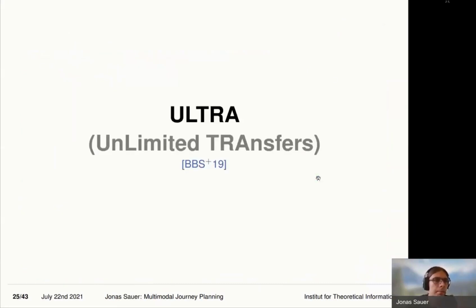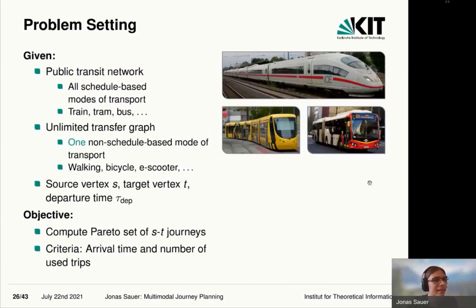Okay, now I want to show you a technique which, I have to apologize again, is called ULTRA, which stands for unlimited transfers. Yeah, and it gets even worse as far as naming is concerned in a minute. But for now, let's recapitulate our problem setting.